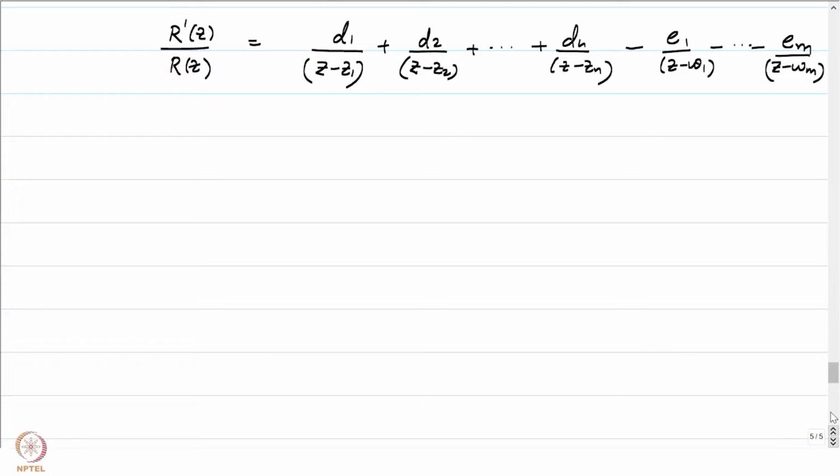So, let us consider the log derivative case by case and analyze what happens. Let us start with some function f which is defined on omega away from a set of singularities.